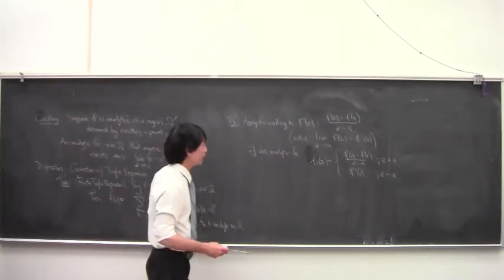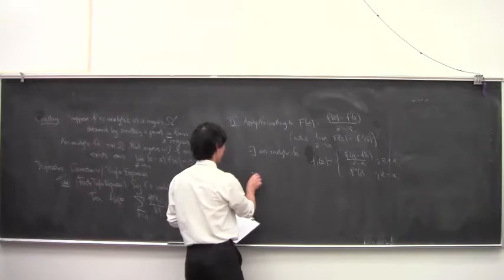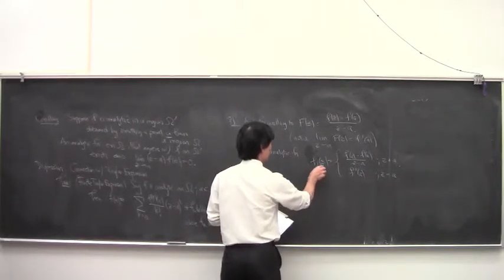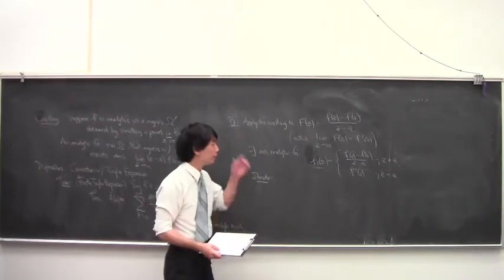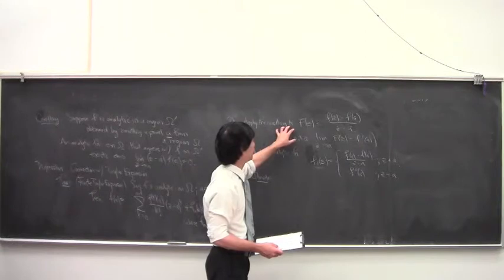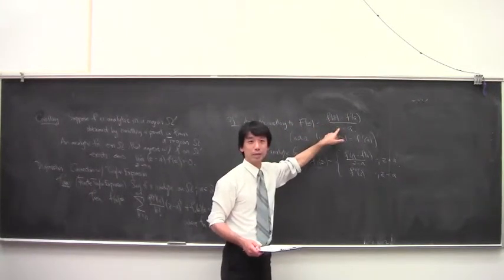Okay, and then what we do is iterate. Let's do exactly the same thing for f1(z). Let's apply the corollary to (f1(z) minus f1(a)) over (z minus a).